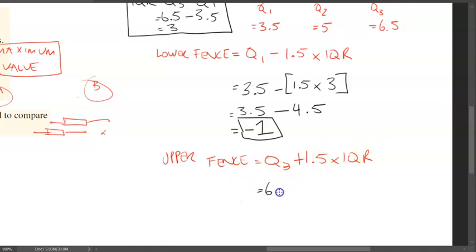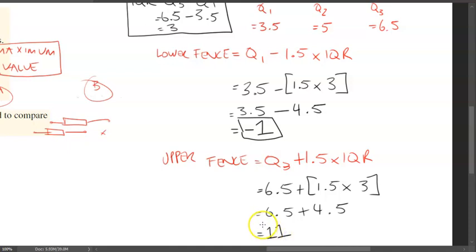Q3 is 6.5, plus 1.5 times the IQR, which is 3. We already worked this out, which is 4.5. And 6.5 plus 4.5, 6 plus 4 is 10, so this is 11 plus 0.5, 11.5. So we found our upper fence.